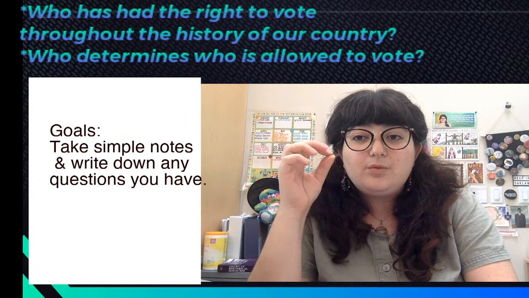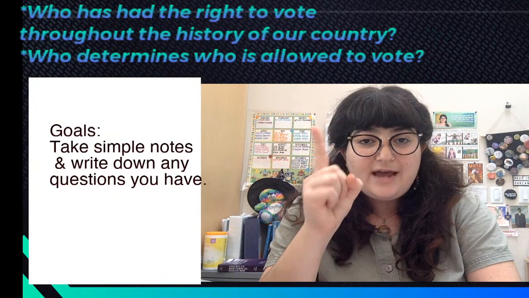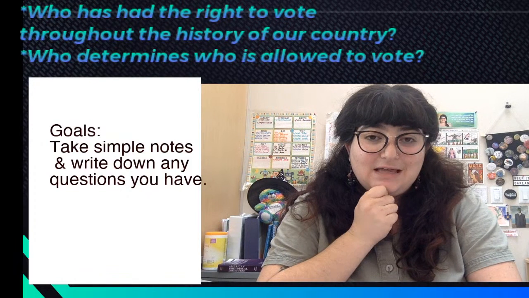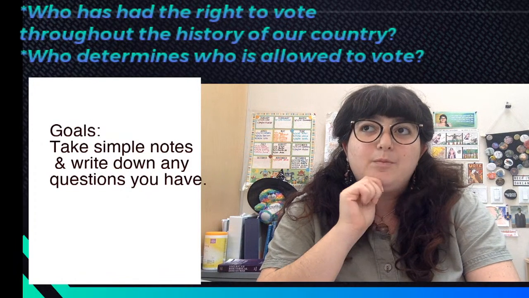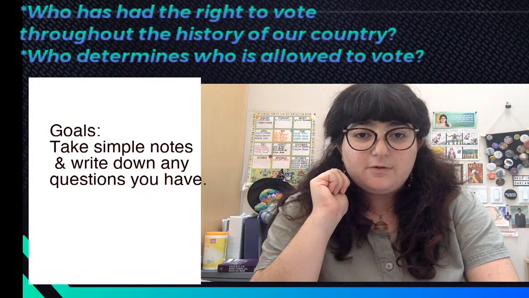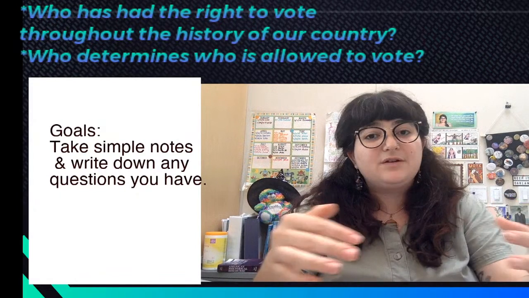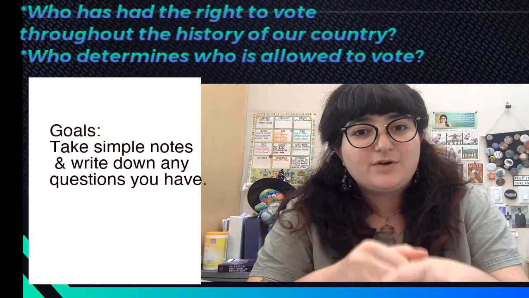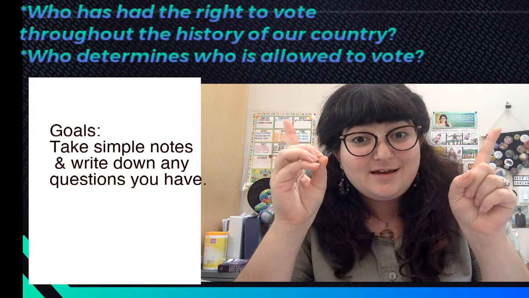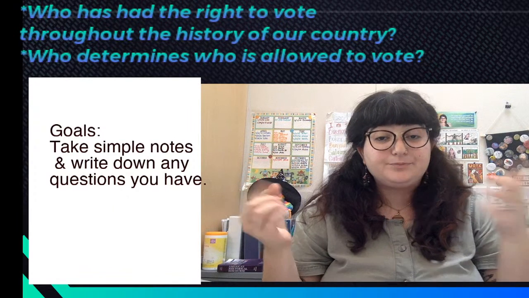And really asking questions like, was it okay for our founding fathers, for example, James Madison, to say that if we allow people who are not property owners and who are not white men to vote, then that means that more people are going to be allowed to vote to share their opinion, and whoever the majority is, they're the ones who are going to determine the outcome of the elections, right?